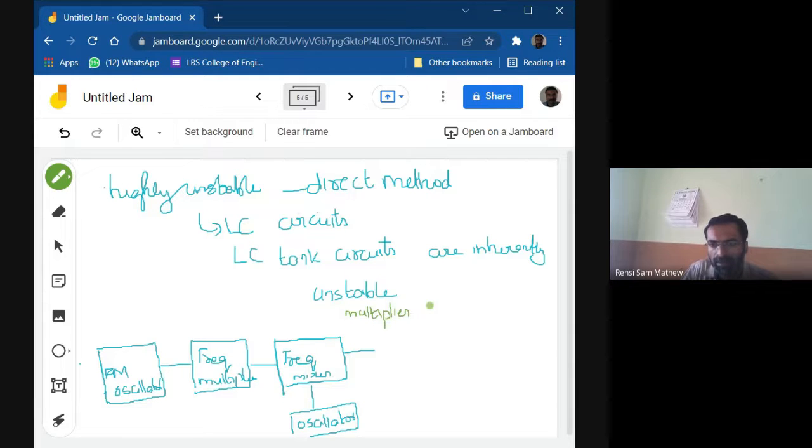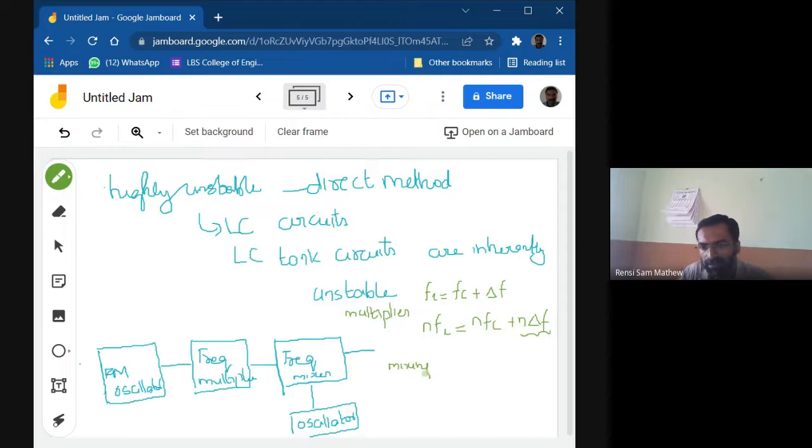Multiplier means, see, if fi is equal to fc plus delta f, then after multiplication you get n times fi equal to n times fc plus n times delta f. So we can see the frequency deviation also will be multiplied.